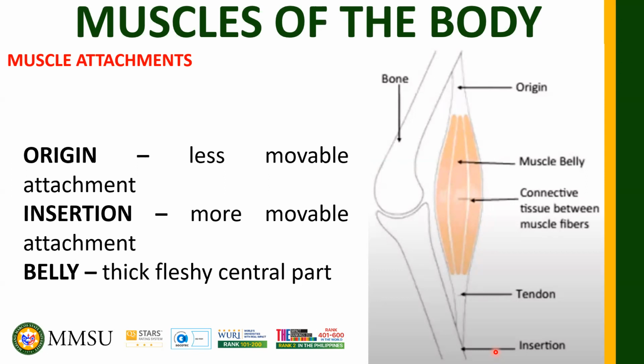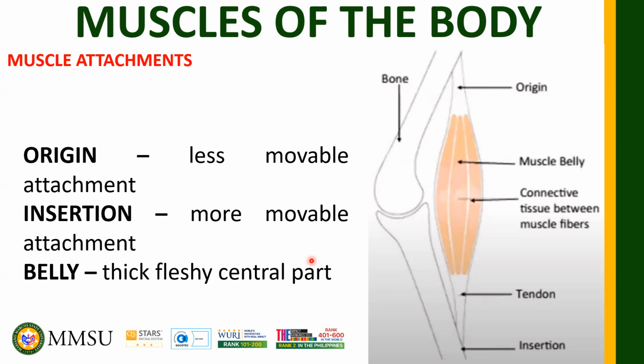Yung insertion naman is the more movable attachment. So usually naman dyan located further from the core body. Okay? So kapag nag-contract yung muscle natin, it pulls on yung insertion resulting now ng movement around the joint or doon mismo sa katawan ng animal where it is usually connected.